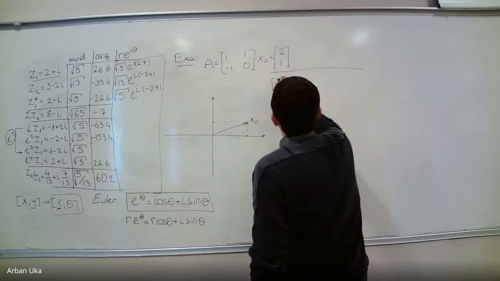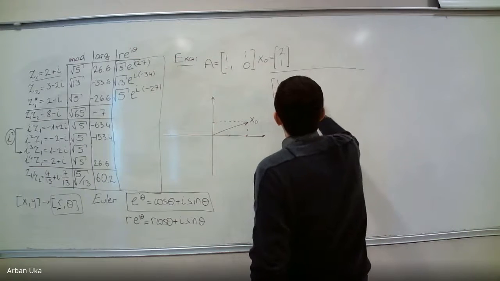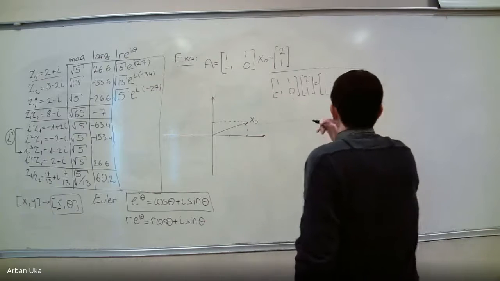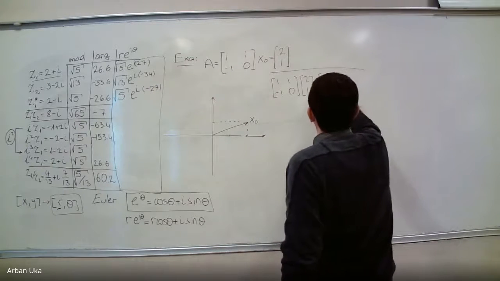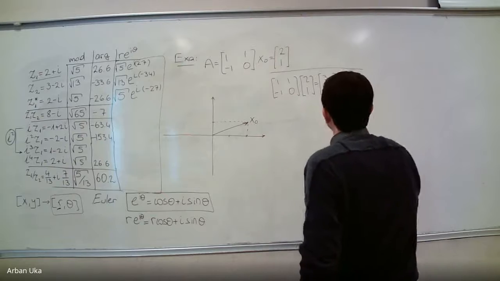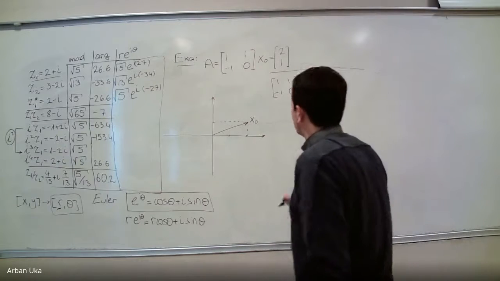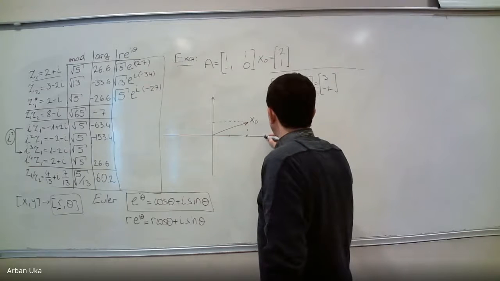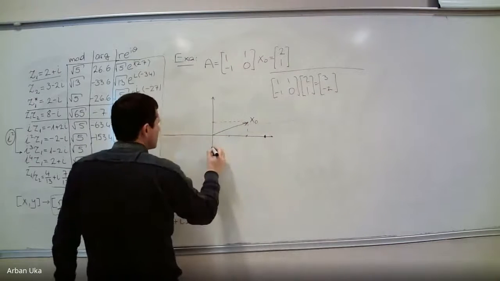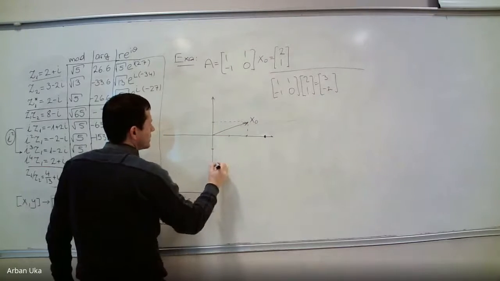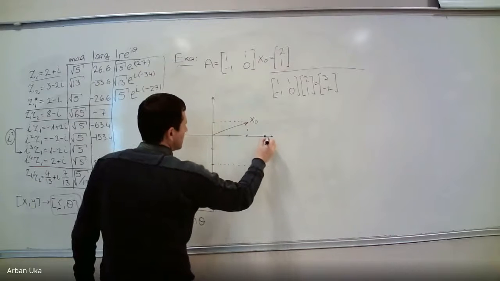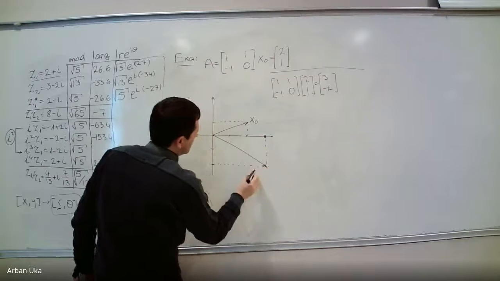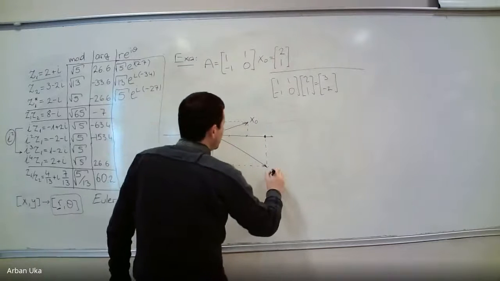So here we have 1, 1, minus 1, 0, multiplied by 2, 1. What do we get here? We get 3, minus 2. Where is 3, minus 2 in this graph? This is 3, this is minus 2. Okay, so this is A x0.